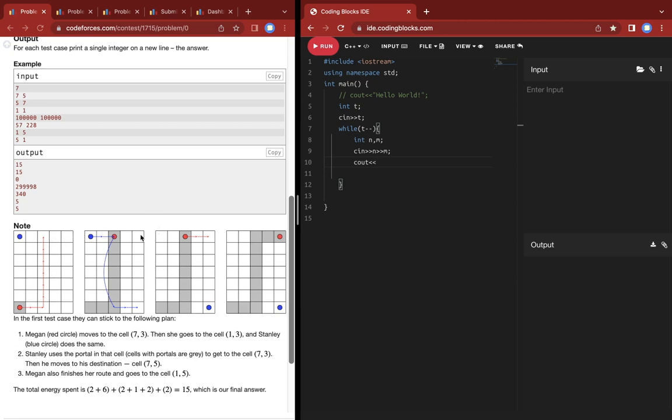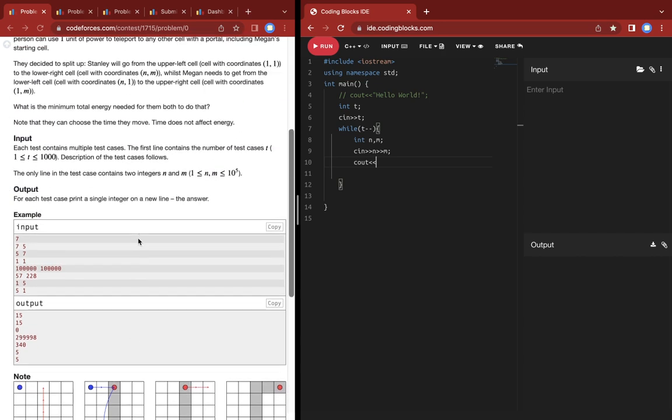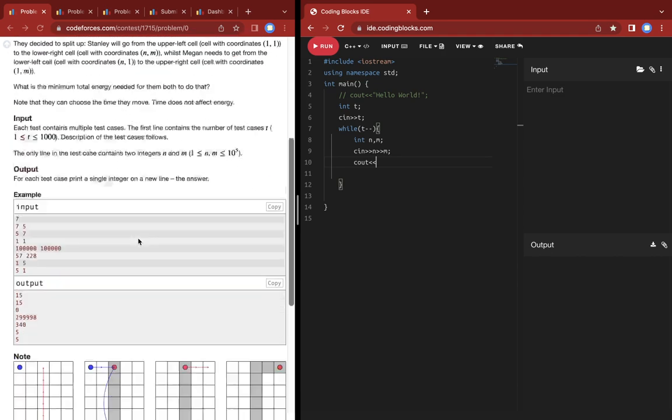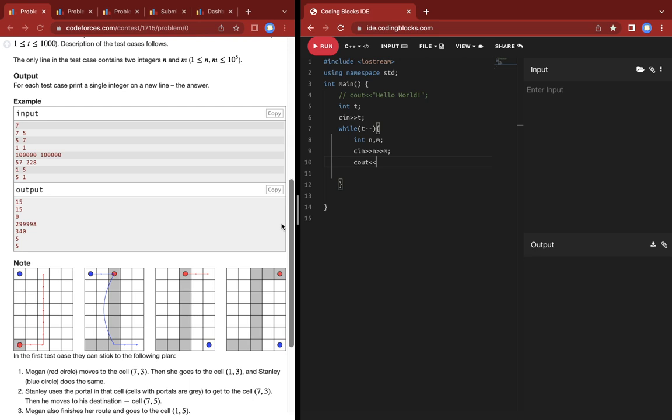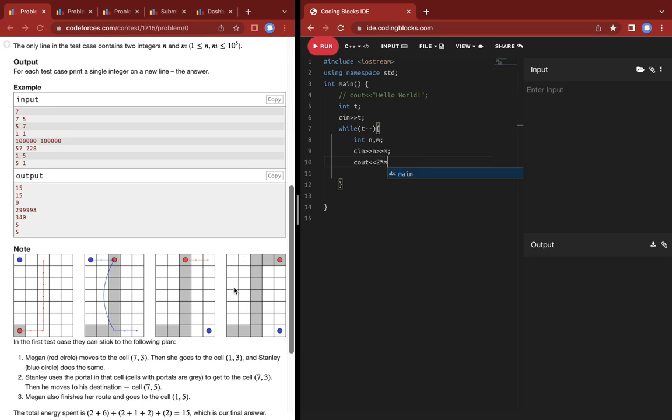So m is this distance, right? Yeah, so m would be traveled two times. One time it would be m minus 1 plus n minus 1, right? This thing would be traveled n minus 1 times, I guess.